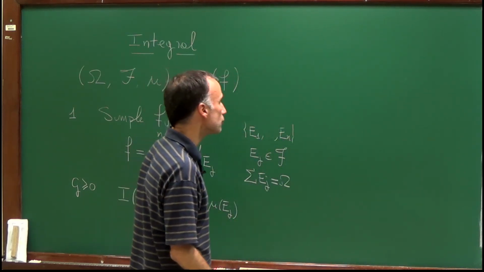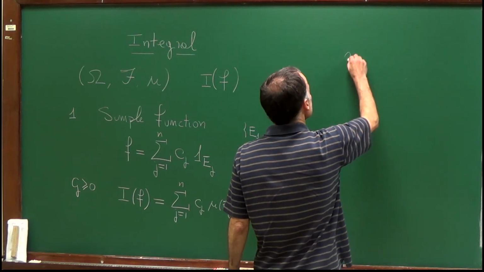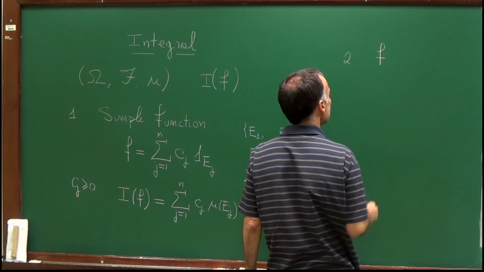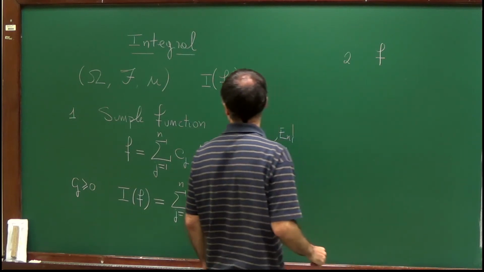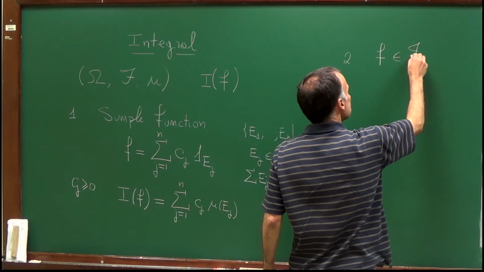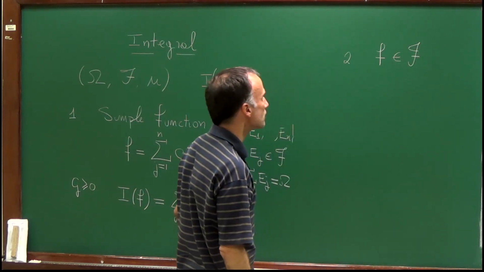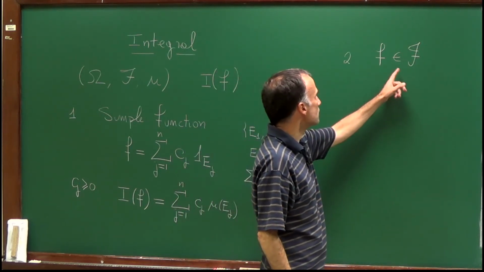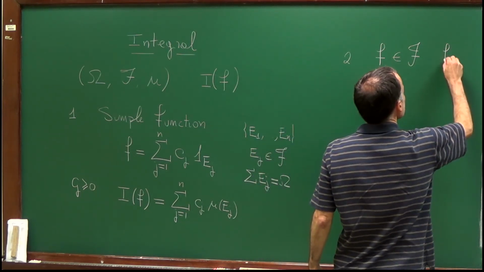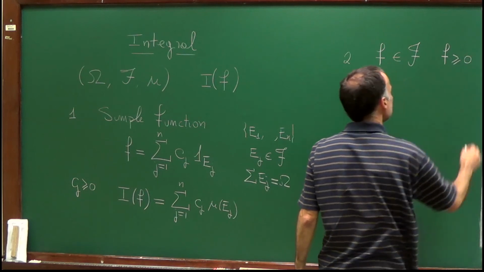So let me just summarize what we will do in this lecture. The first thing we will do is to consider a function f measurable with respect to the sigma algebra F, and I will represent this fact by this symbol. So this means that f is measurable with respect to F, and f non-negative.